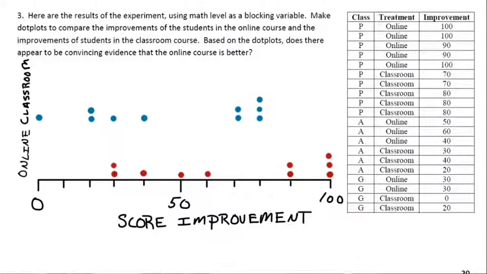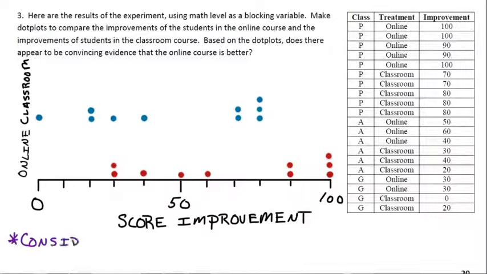Based on this dot plot, does there appear to be convincing evidence that the online course is better? So I hope that this doesn't convince you. So now you've got a visualization. I hope that that doesn't convince you. I mean, yeah, we've got some people up here above, but then there's also a lot of improvement here in the classroom. There's a ton of overlap. So maybe the general trend shows online is better, but this really isn't convincing or even statistically significant, we should say.